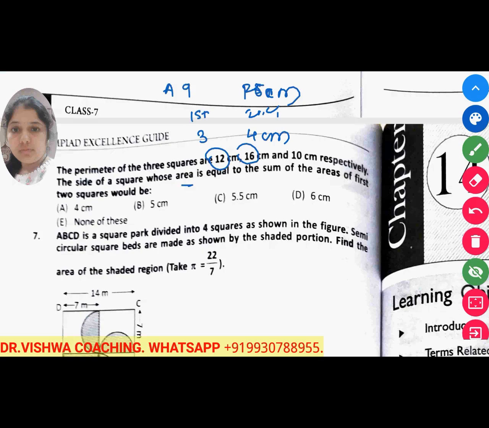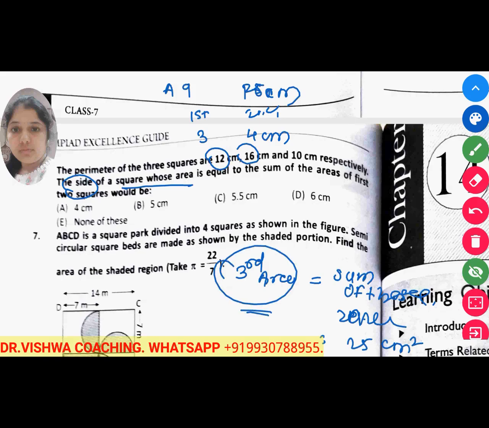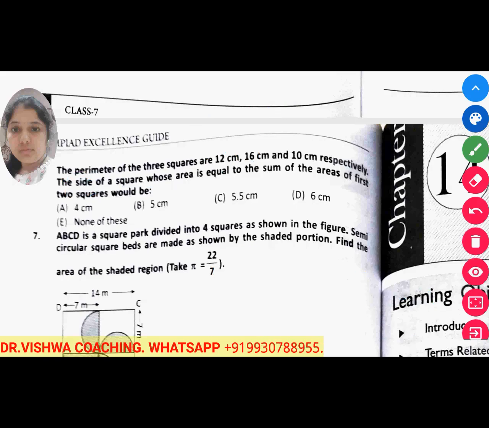Now the given third square's area is equal to the sum of these two areas. So the sum is 25 centimeter square, which is the area of the third square. Now we know the area of the third square, so the side of the third square is the square root of the area. So 5 centimeter is the side of the third square.